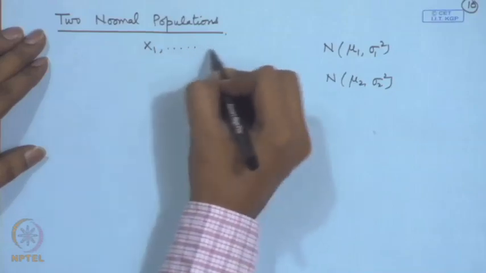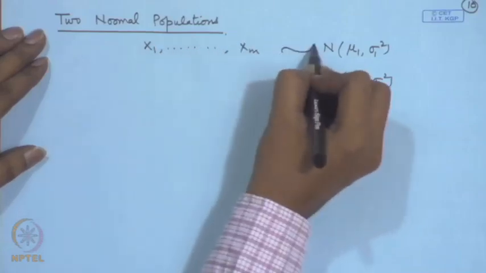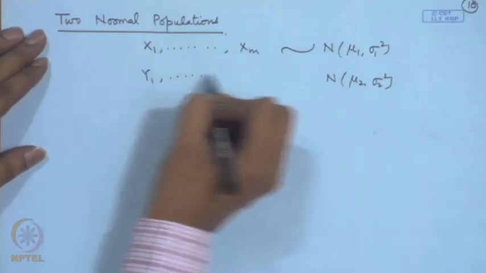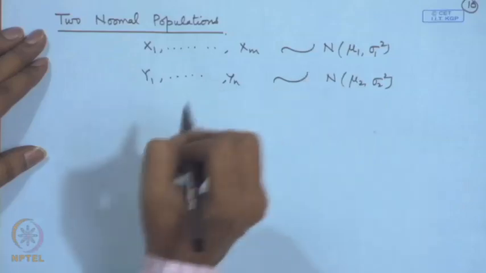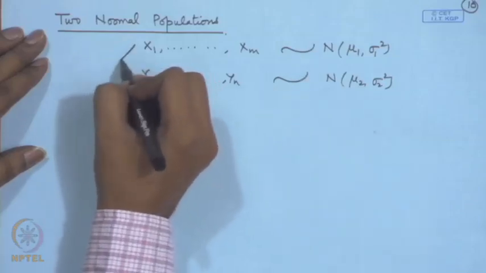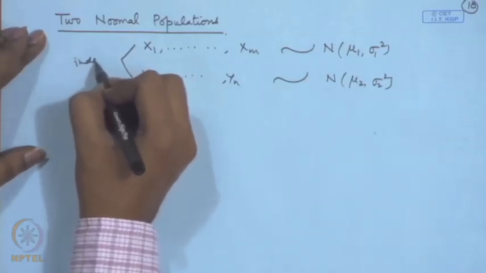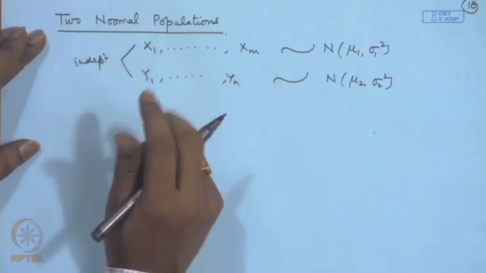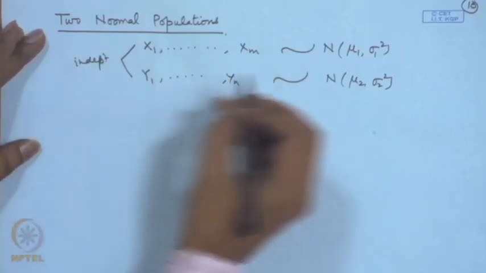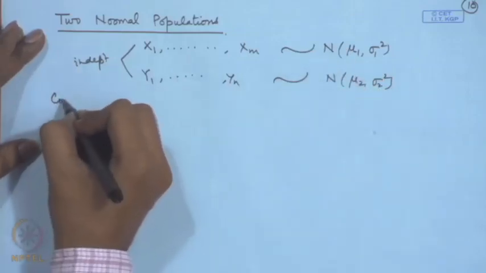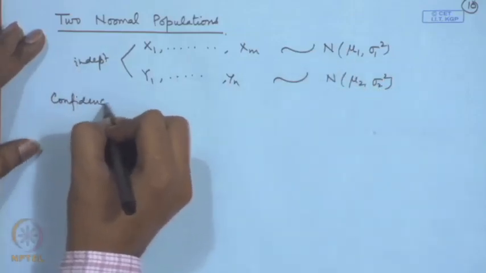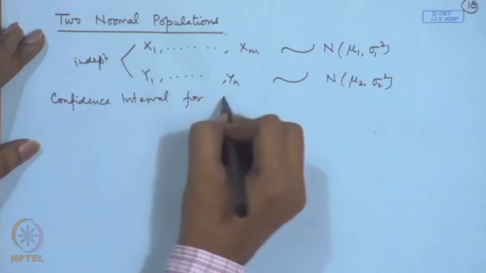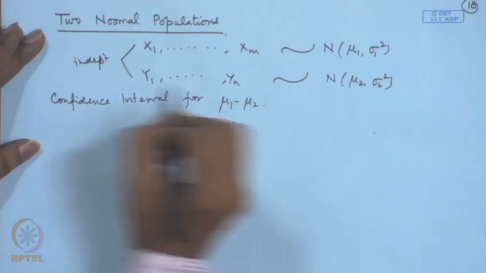Let us consider x 1, x 2, ..., x m to be a random sample from normal mu 1 sigma 1 square, and similarly let y 1, y 2, ..., y n be a random sample from normal mu 2 sigma 2 square. We assume that the two samples are taken independently. Now, if we want to compare the means, we can consider the confidence intervals for mu 1 minus mu 2.